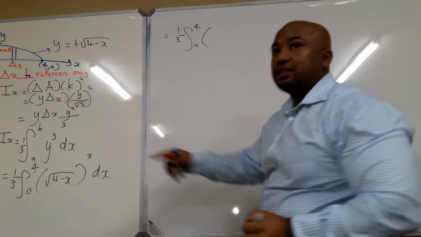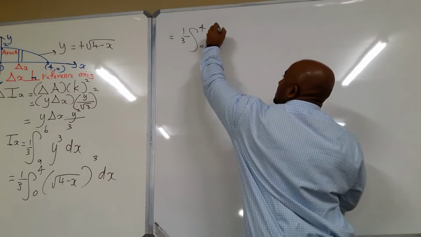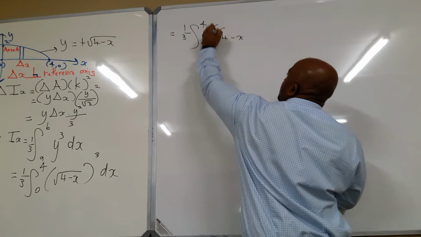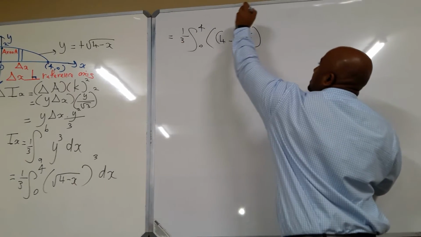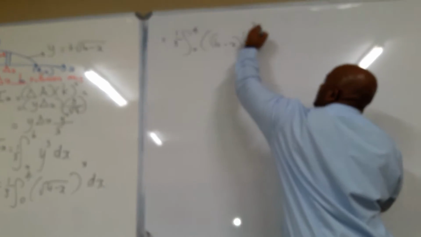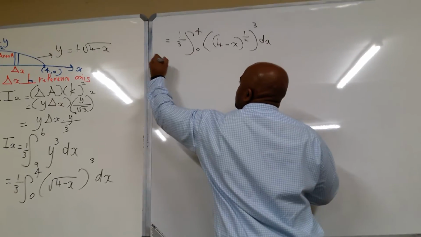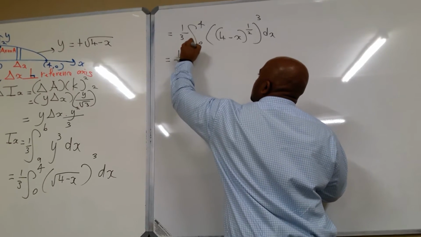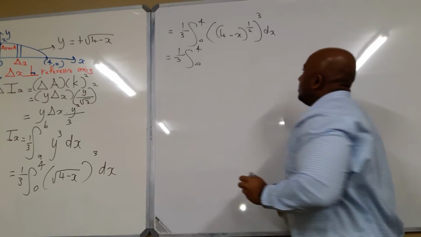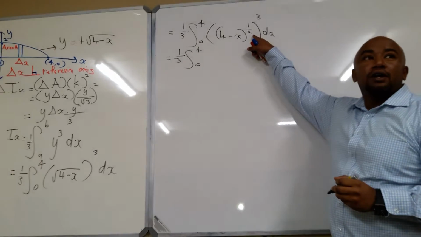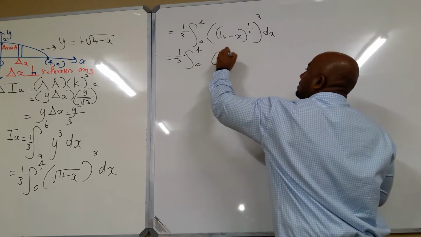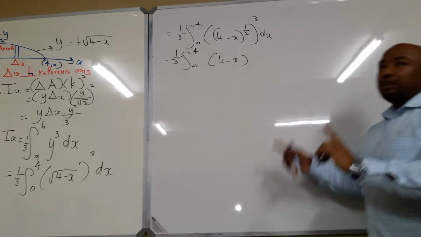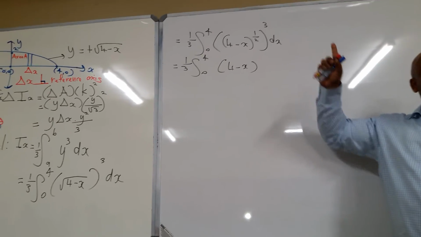Right, so here we got the square root of 4 minus x, which is the same as 4 minus x to the power half, and the whole thing is raised to the power 3. So we have our exponent law, a power raised to a higher power. What do you do when you have a power raised to a higher power?